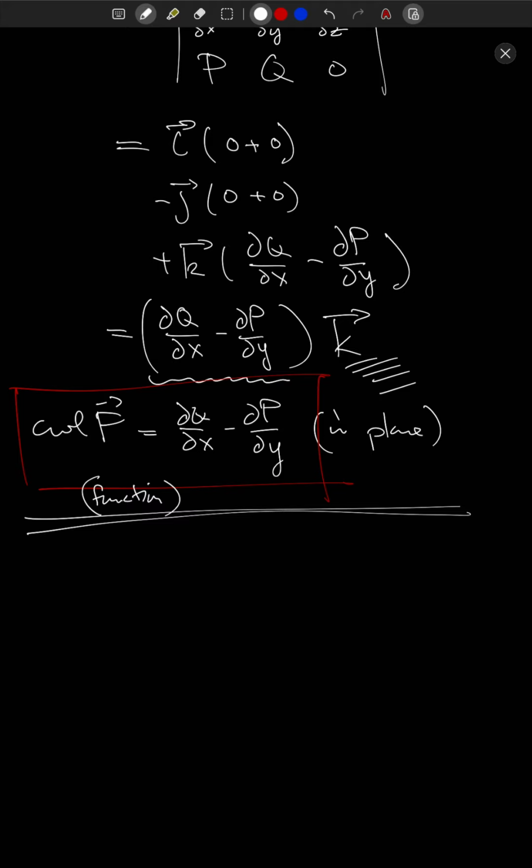So let's actually start to move towards our fundamental theorem of calculus, or Green's theorem. The way we're going to do this is we're going to start with specific kinds of regions. Let me just draw a picture. We have a region R, and we have its boundary curve C. So R is a region, and again, in the plane.